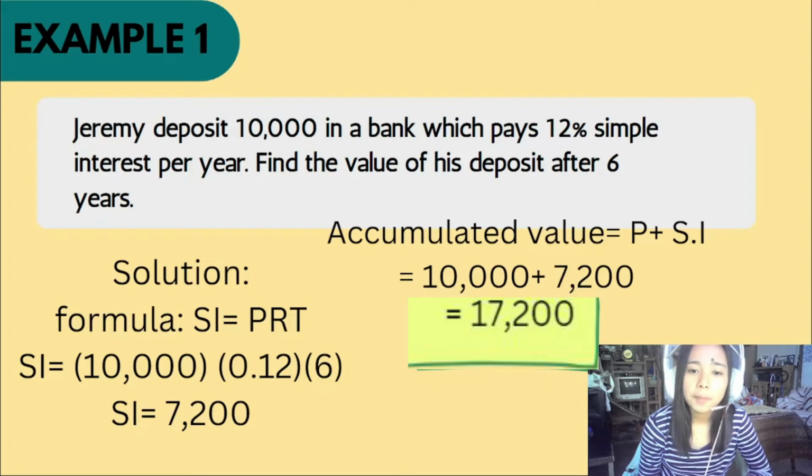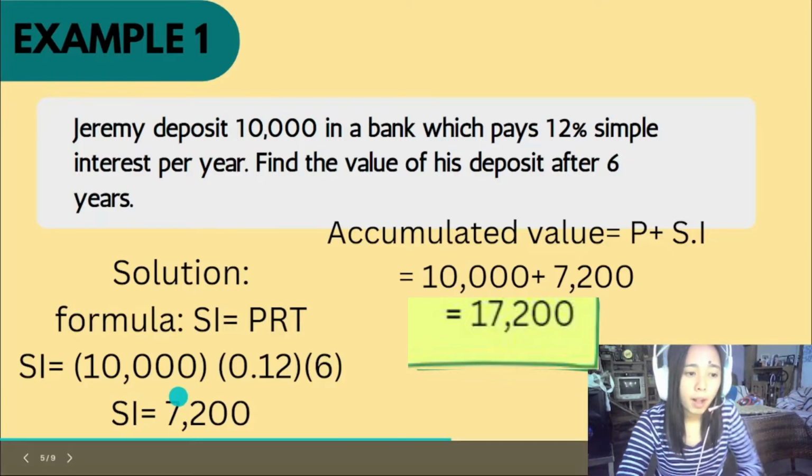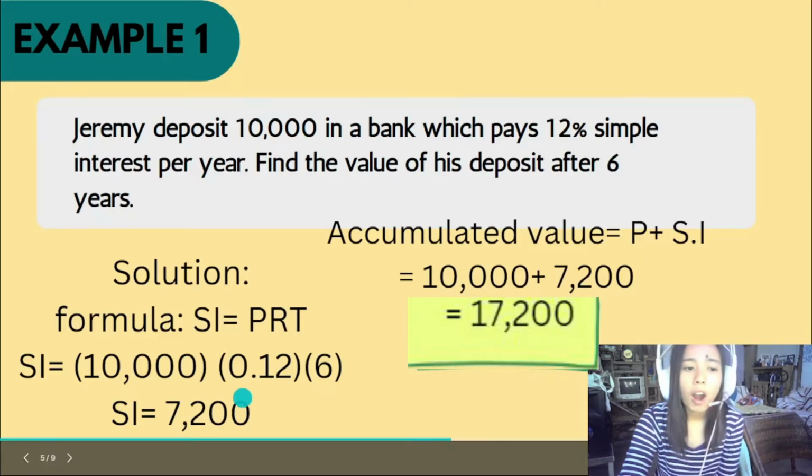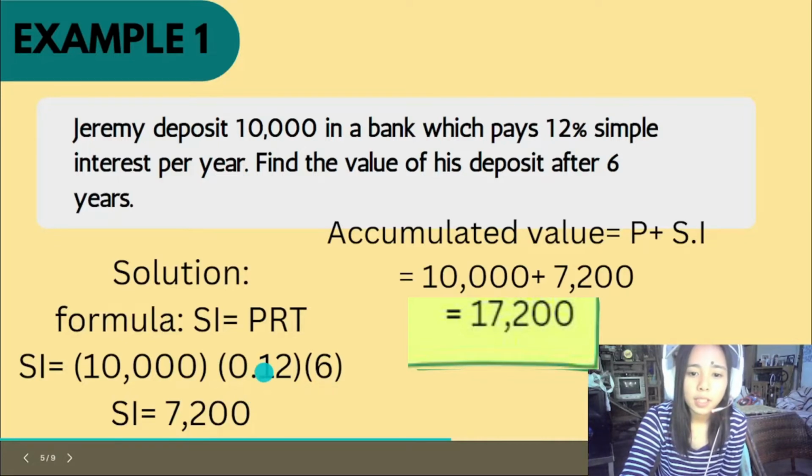In finding the simple interest, we need to use this formula. Simple interest equals principal times rate of the interest times time. So substitute. Our principal is 10,000 because it is the amount deposited in a bank. Our interest rate is 12%. We need to convert it to decimal before multiplying.